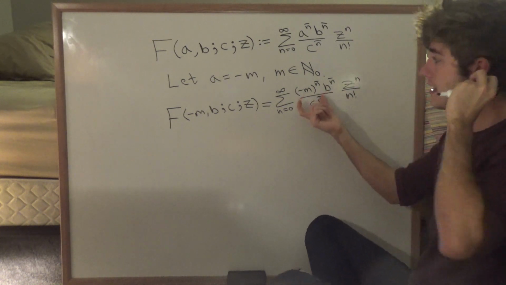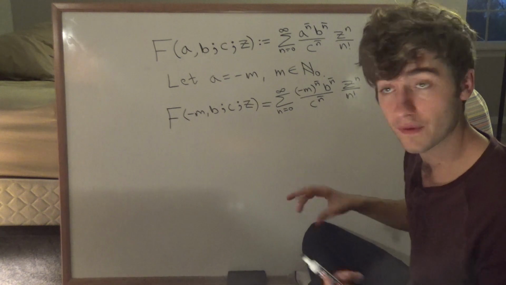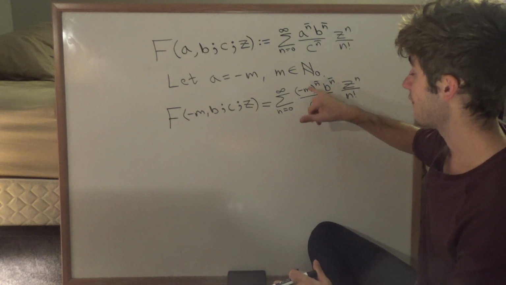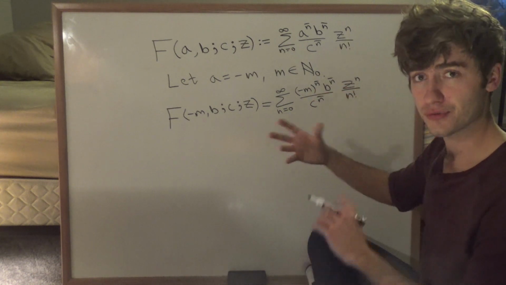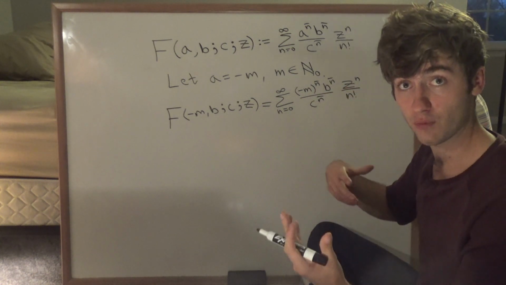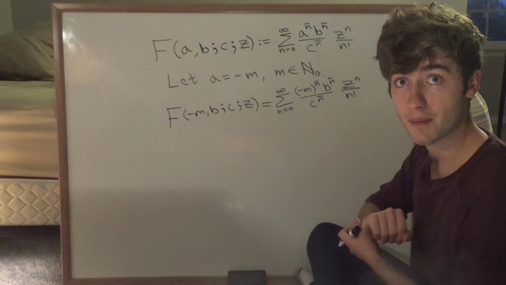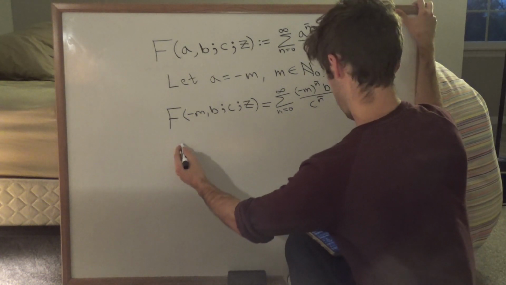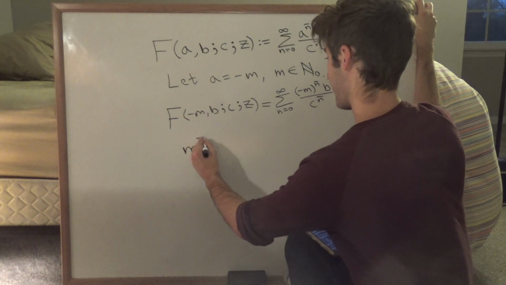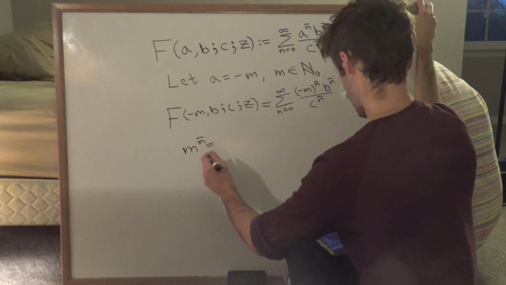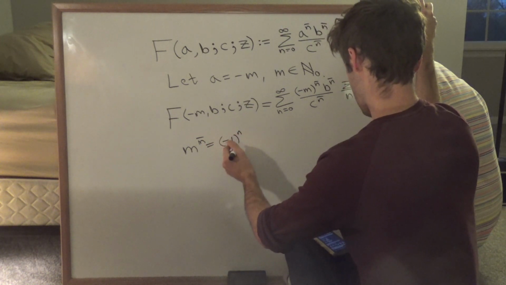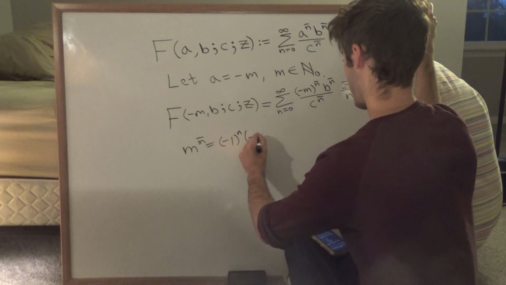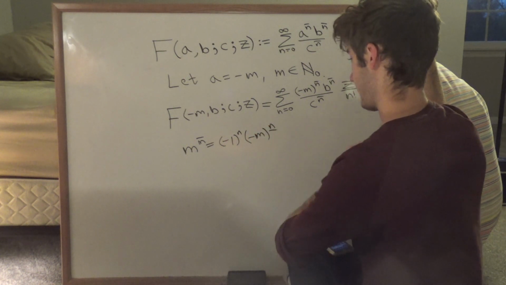But of course, we had another fact in the previous video that allowed us to relate falling factorials and rising factorials through powers of -1 and replacing the input with a negative number. So we recall that the nth rising factorial of m is equal to -1 to the n times the nth falling factorial of -m.